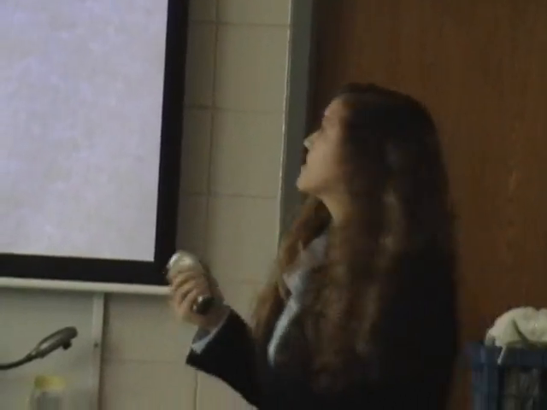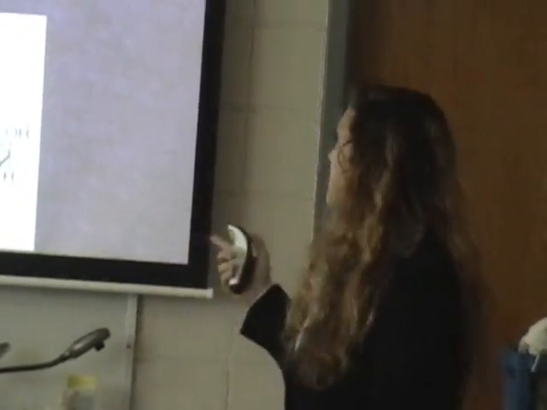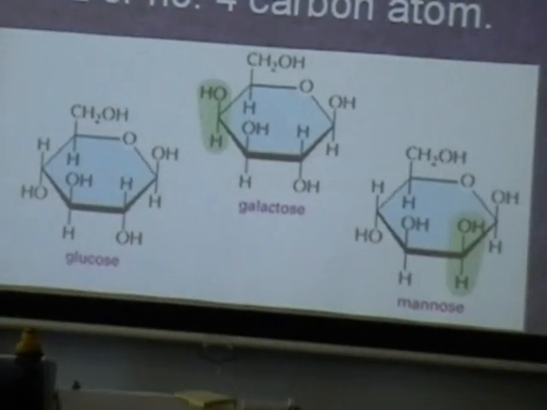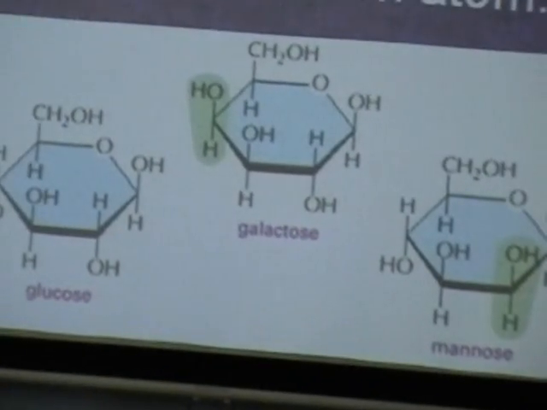But what is the difference between each of these isomers if the chemical formula is the same? The answer is spatial arrangement: the spatial arrangement of the hydrogen atom and the hydroxyl group on the number 2 and number 4 carbon atom. Now, a hydroxyl group is hydrogen and oxygen together.